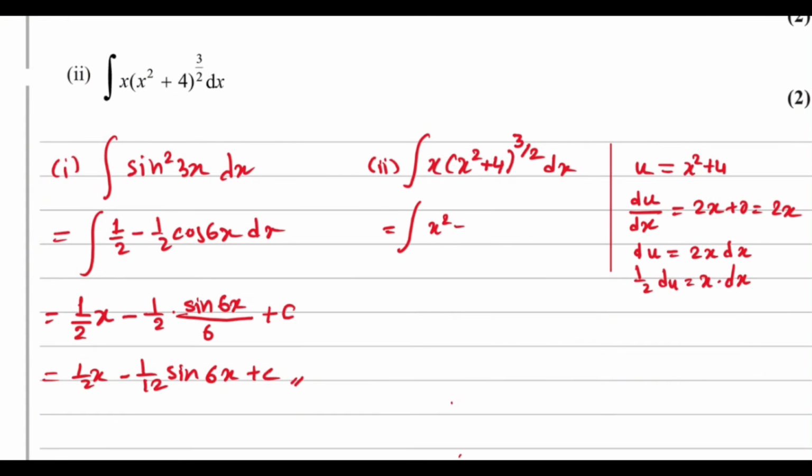Now if I rewrite my equation as this, which is of course equivalent to the first one, we see that we can replace x dx with du, and we can replace x squared plus 4 with u. So let's simplify this. u to the power of 3 by 2 du. This is our simplified equation.